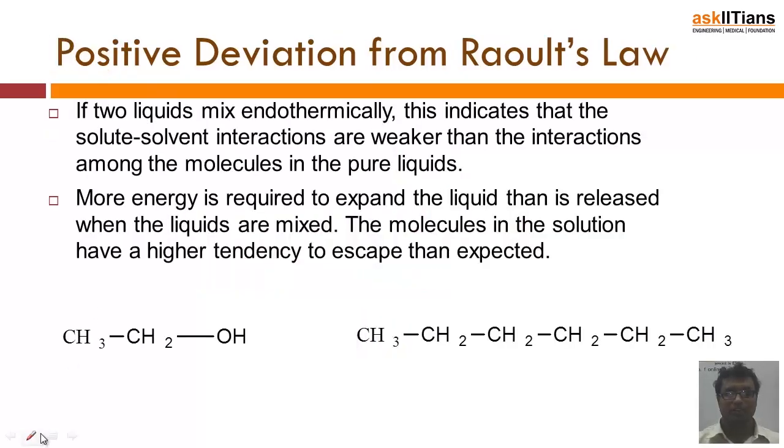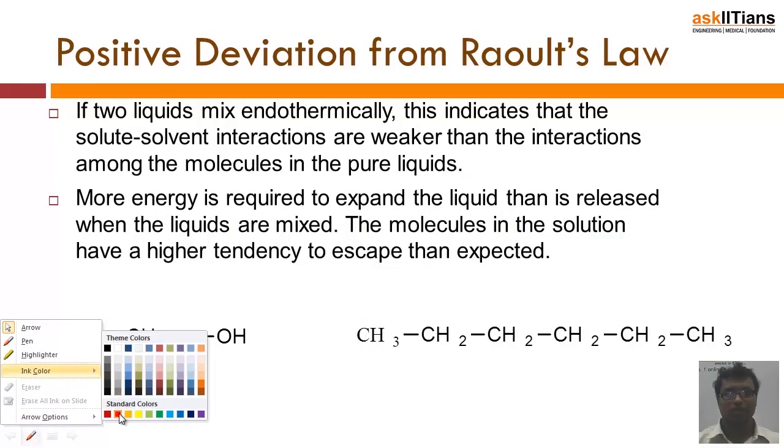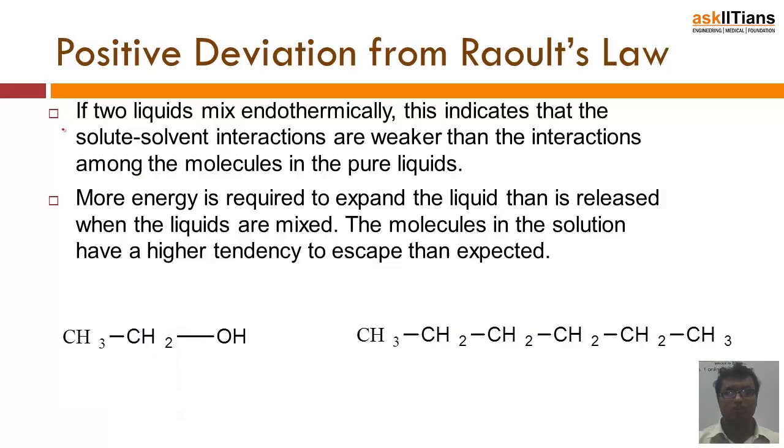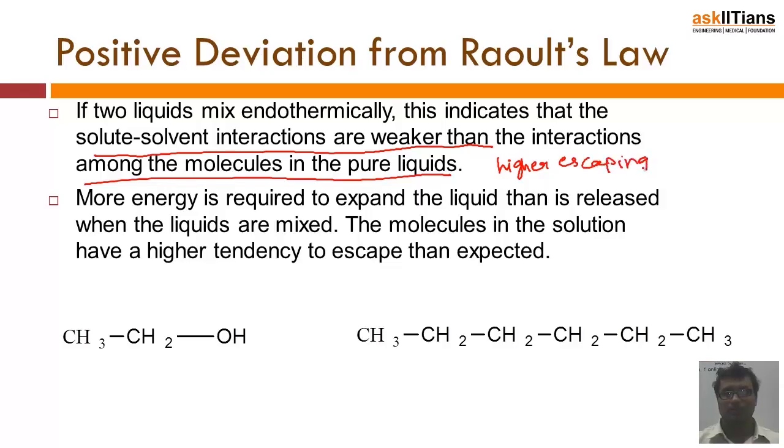Now positive deviation. This is contrary to the negative deviation. If two liquids mix endothermically, this indicates that solute-solvent interactions are weaker than interactions among the molecules in the pure liquids. If the solute-solvent interaction is weaker, that means they have higher escaping tendency. If they have higher escaping tendency, they will have higher vapor pressure.